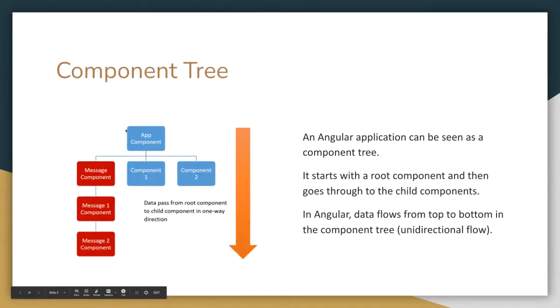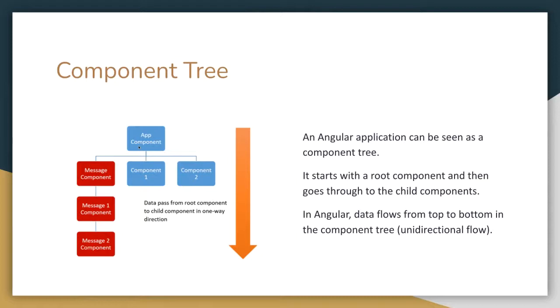In Angular, our whole application is built up like component trees. Just like our web applications in HTML have DOM trees, where all the elements are built in a tree-like structure, in Angular we have a component tree. So we have the app component and then its child components.